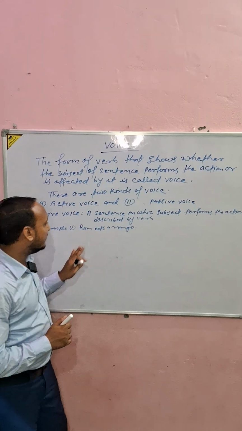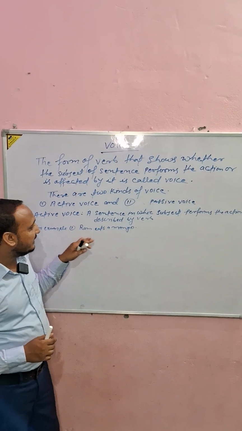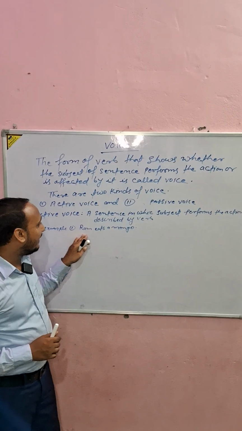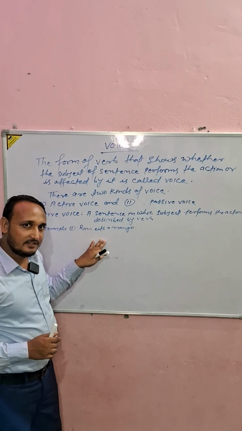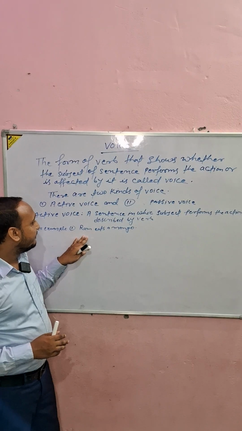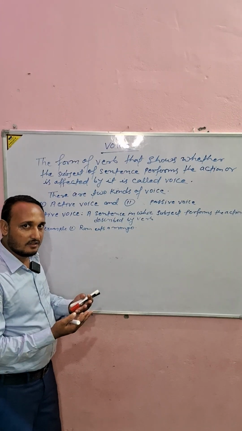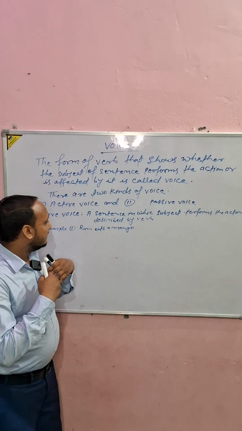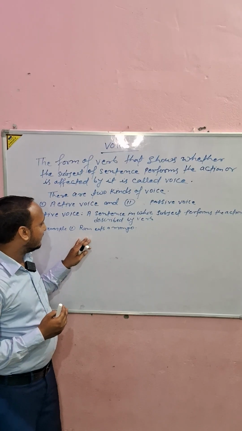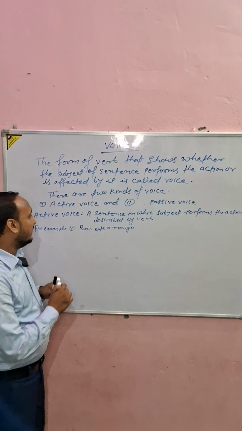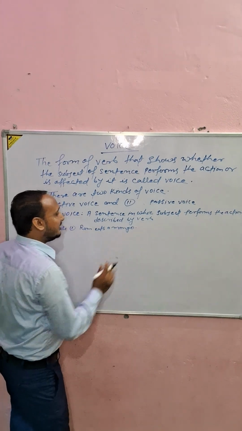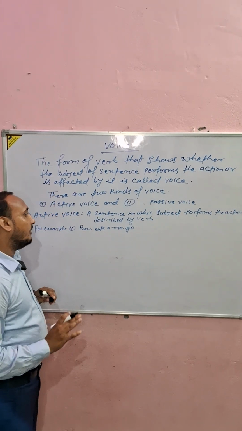So here is one sentence in active voice: Ram eats some mango. Here, Ram is the subject of the sentence, and Ram performs the action of eating a mango. So we can say this sentence is in active voice.